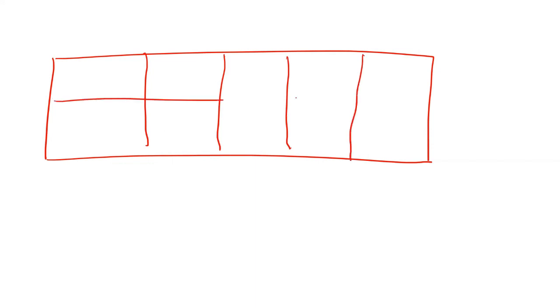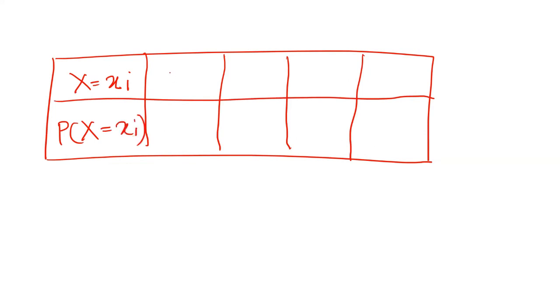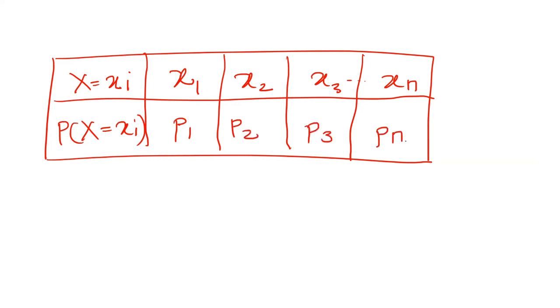If I draw the table for you, this will take values x1, x2, x3, so on till xn, and the probability of every particular value occurring can be given as P1, P2, P3 till Pn.